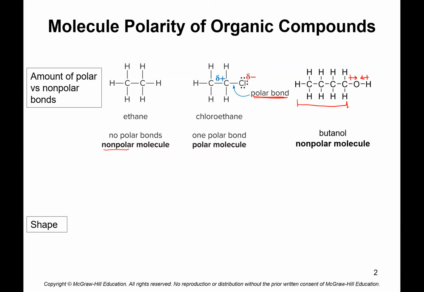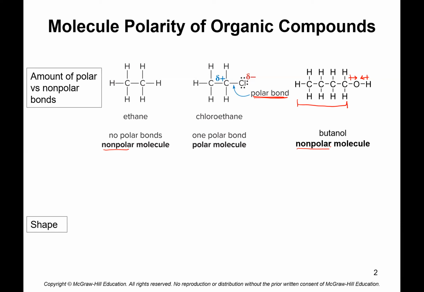So yes, butanol will be slightly soluble in water, okay, but not by a lot, not as much as chloroethane, for example. And so we say that butanol is a nonpolar molecule because it will behave generally more like a nonpolar molecule.